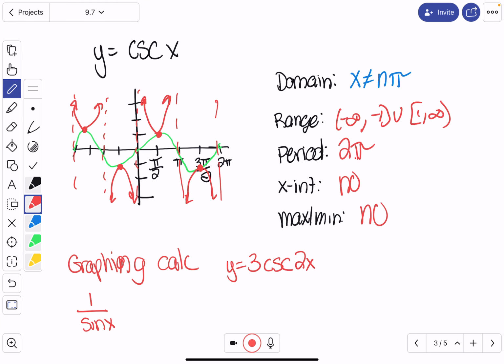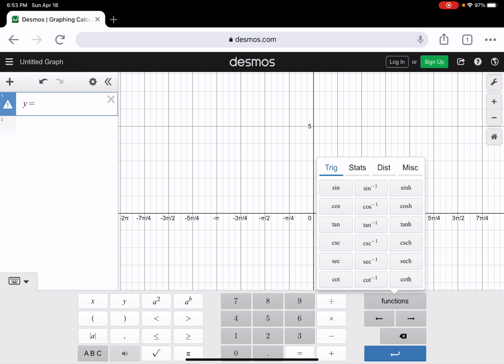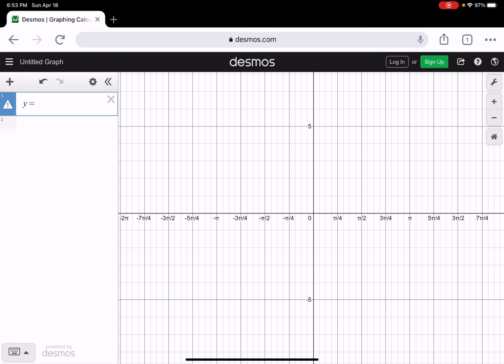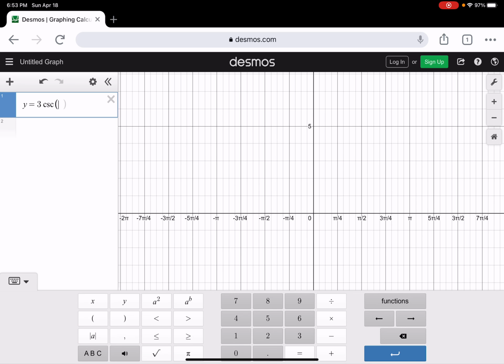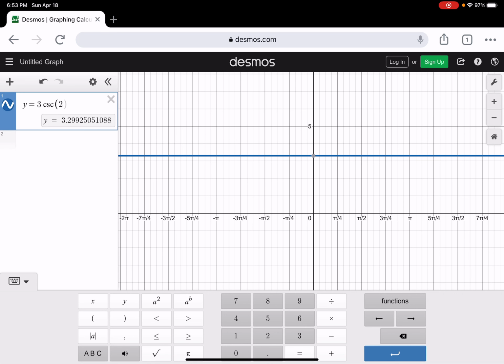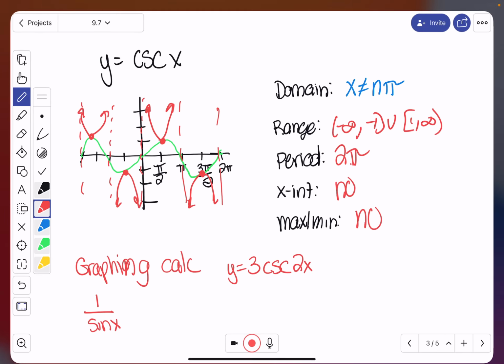Here we go. Okay, y equals functions, trig. So if I wanted 3 cosecant 2x, it graphs it for me that way. So the calculator and the website will do that for you.